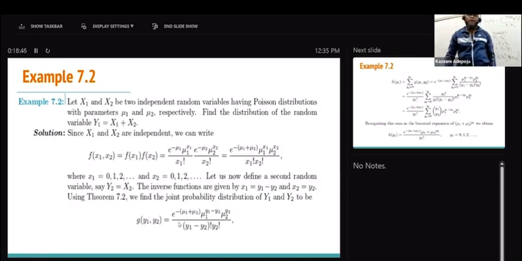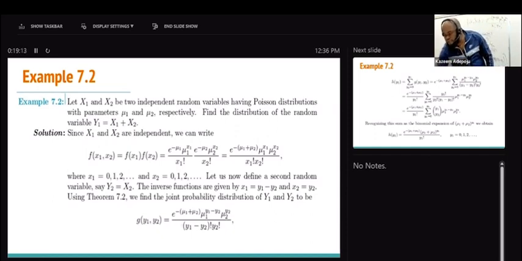Now, is that where I'm going? No. What am I interested in? I'm interested in the g of y1. Then I'm going to marginalize that. You know what you've done before, right? When you have a joint distribution and you are interested in the marginal distribution, you sum out over the range of the variable you are not interested in.